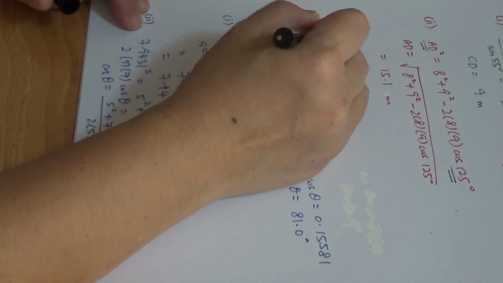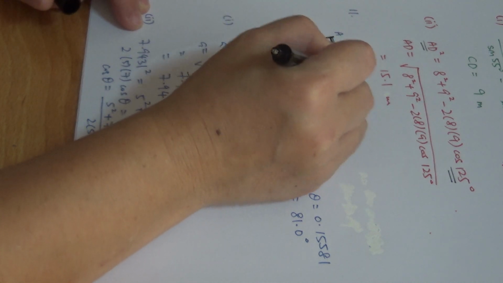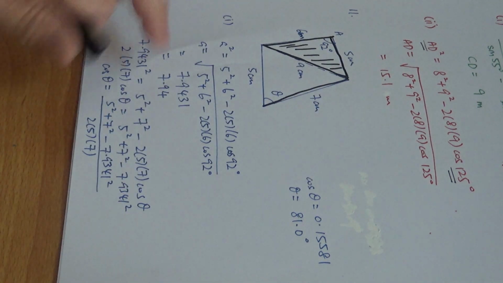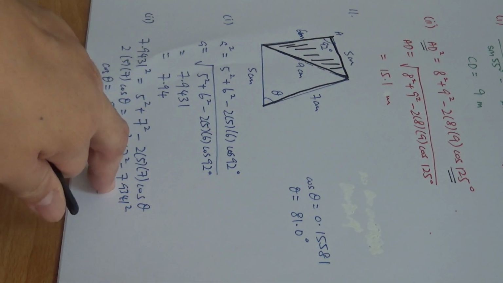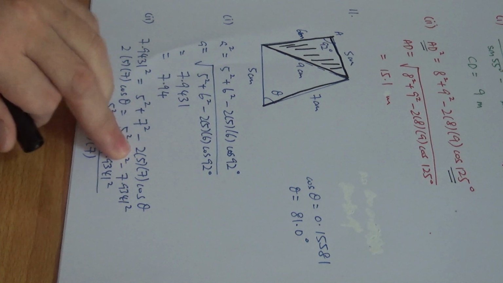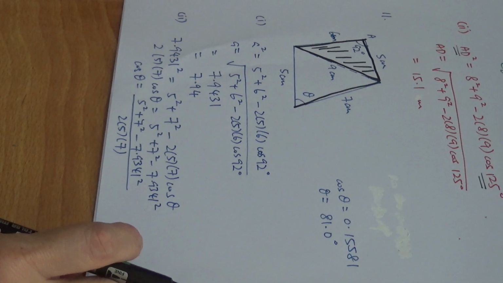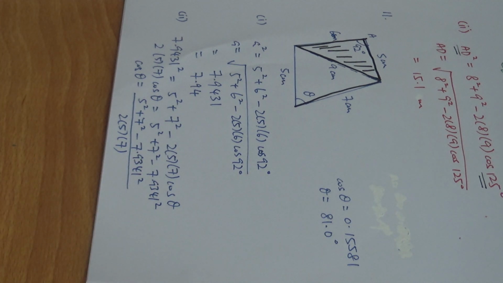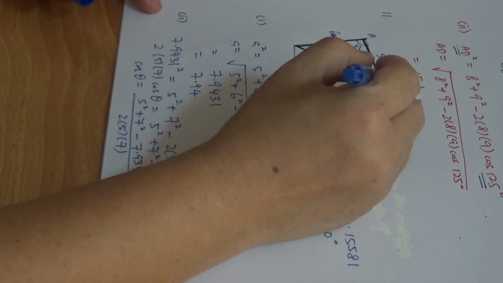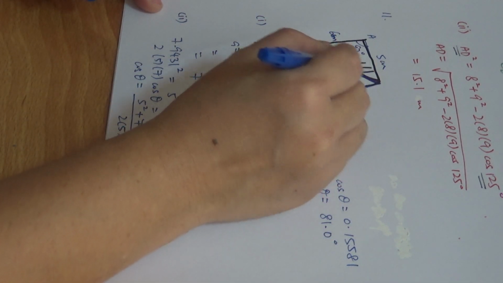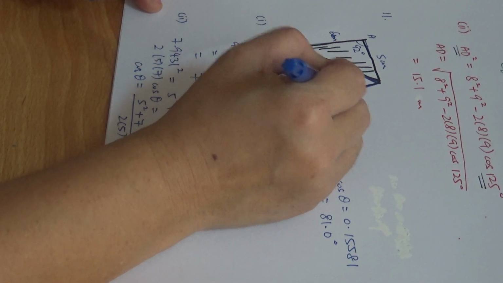I am looking at this particular triangle, the one that I have shaded. Now, for part 2, when you want to find theta, I am looking at the triangle over here.